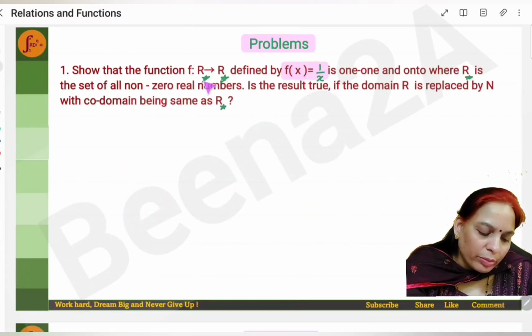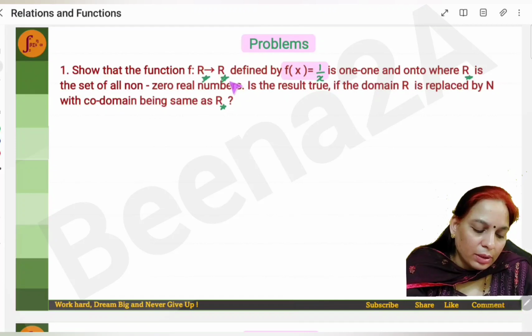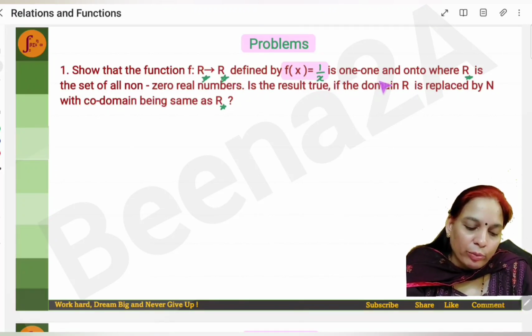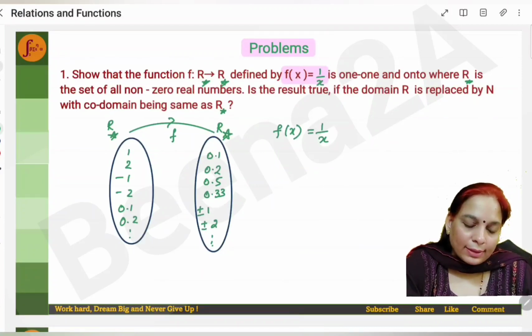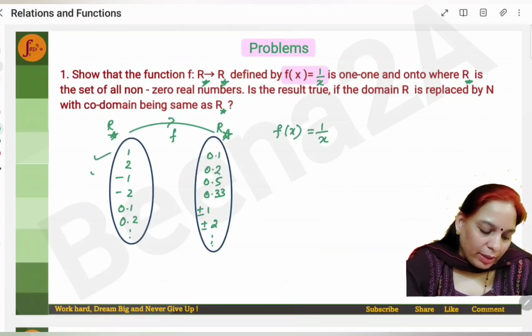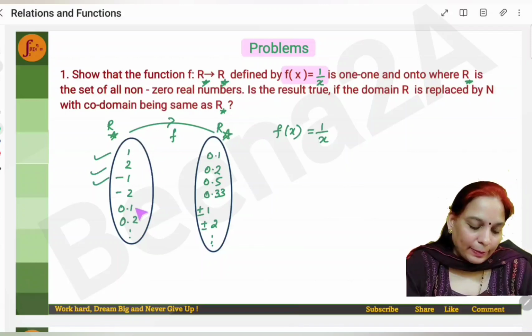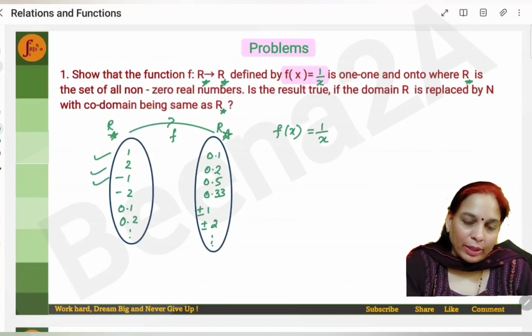Show that the function from R star to R defined by f of x is equal to 1 by x is 1-1 and onto, where R star is the set of all non-zero real numbers. So here the function is 1 by x. That means the elements in this particular set are mapped to elements in this particular set through this function 1 by x.